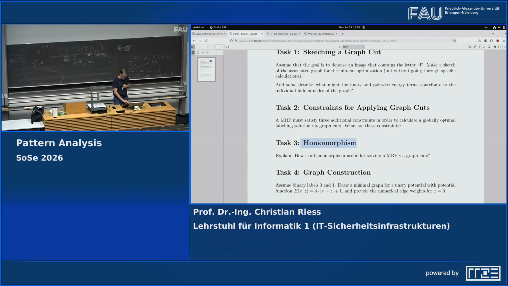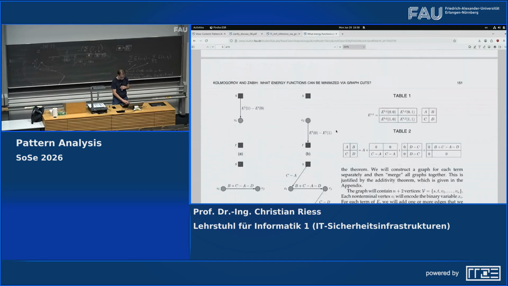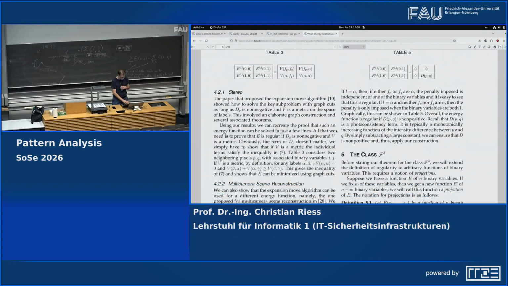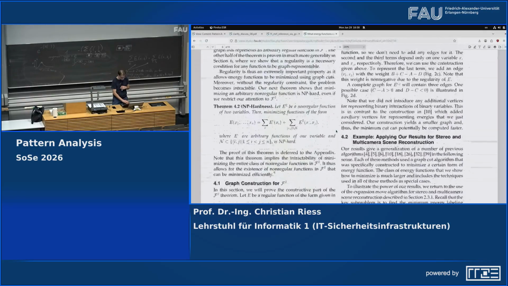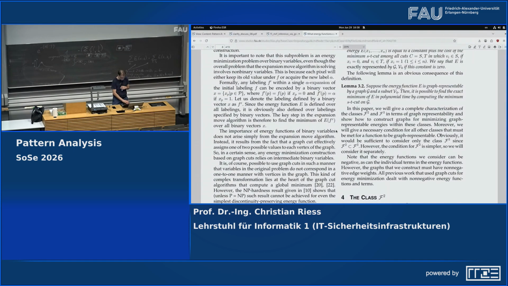There was this mentioning of a homomorphism. And this is, I think, one of the really strong tools that this GraphCut paper brings forward. Where is it?